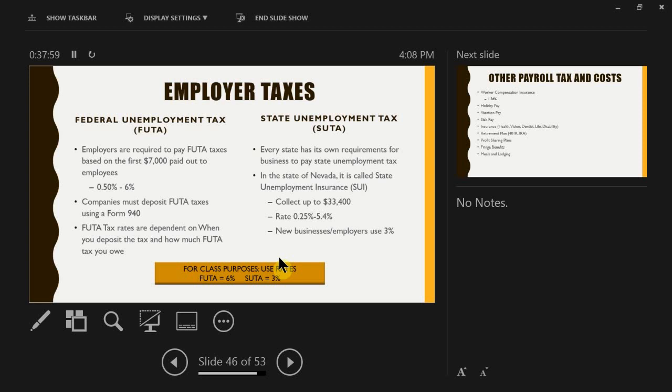You want to make sure that you don't cheat the government or miscalculate and end up paying less tax than you're supposed to. So once again, seek a professional tax accountant. But for this class purposes only, I only need you to know FUTA 6%, SUTA 3%, okay? And again, they're all going to be based on the gross earnings that the employee has earned.